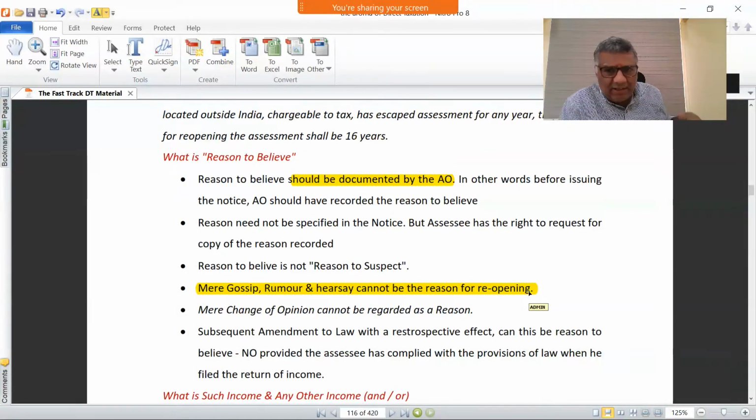So this year, the law is amended, based on this case law, with a retrospective effect. Now, the assessing officer issues notice under 148: Sir, your income has escaped assessment, because you are not supposed to claim, you are claiming.